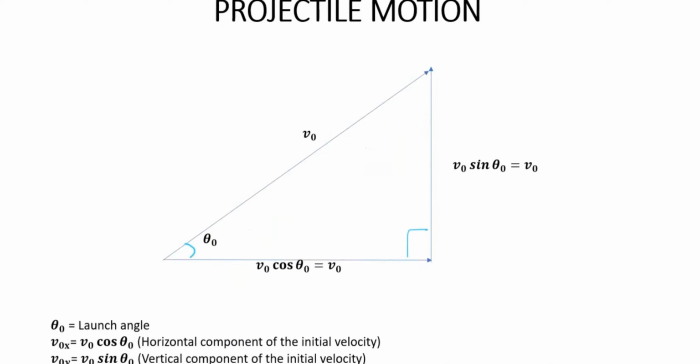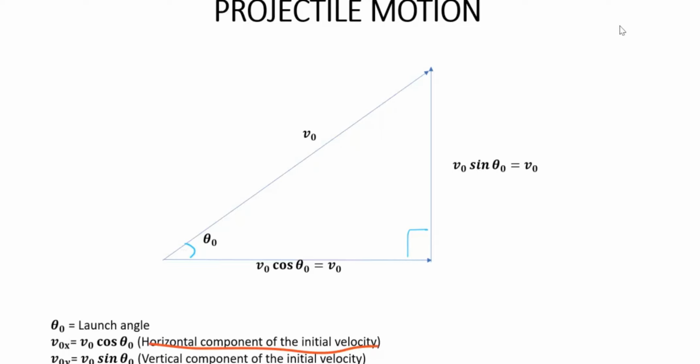the quantity of VXO is equal to VO. So once we have the VXO angle on the x-axis, it will be the initial velocity times cos theta, because cos is on the x-axis here. That is the horizontal component of the initial velocity.